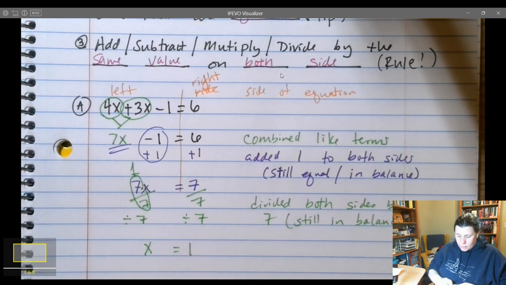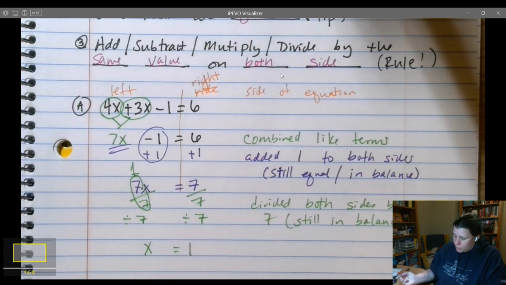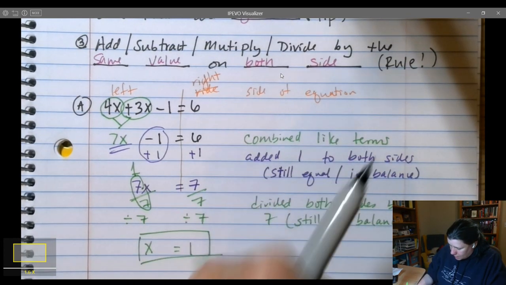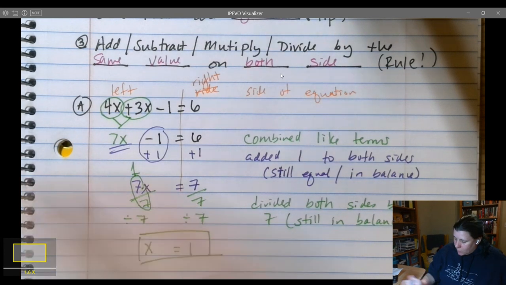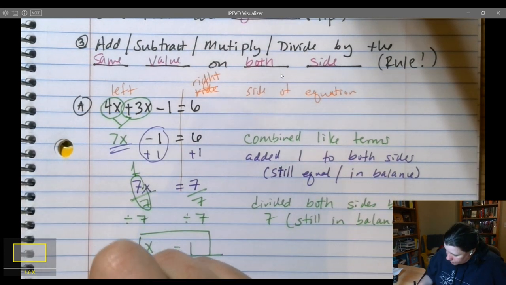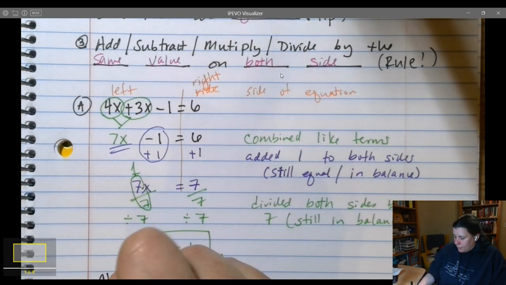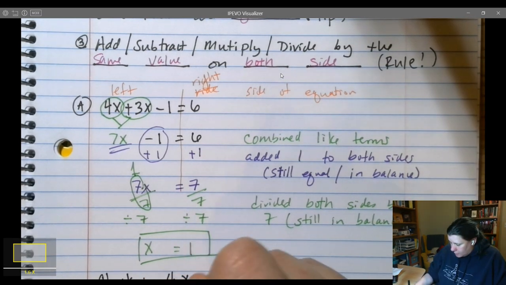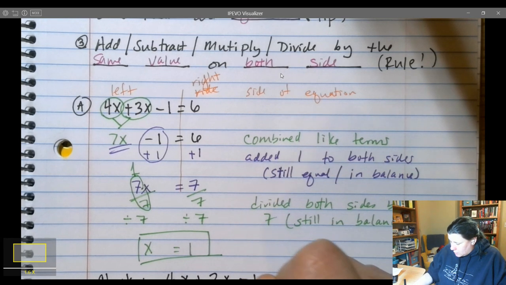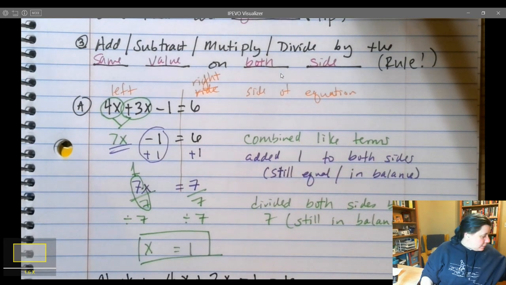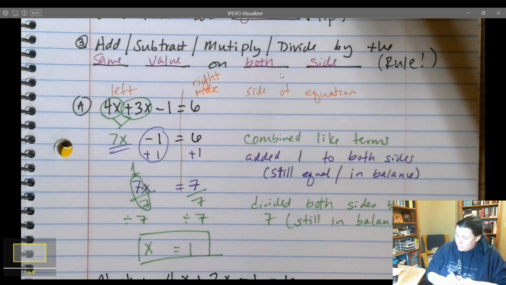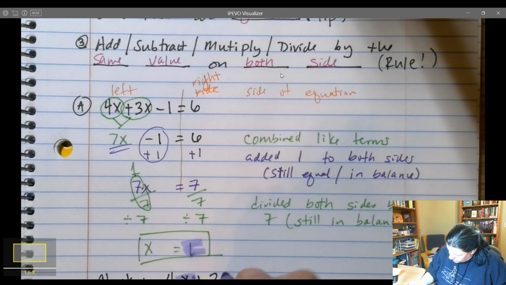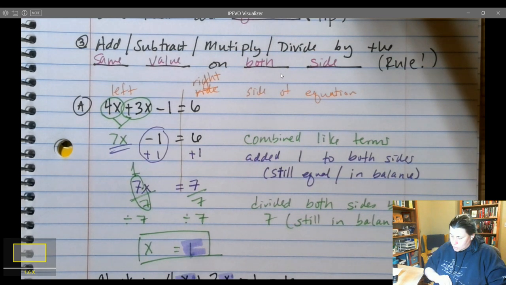And then the last thing you want to do is check if x really does equal 1. This is my answer. If I put that value in, in every place I see x in 4x plus 3x minus 1 equals 6, it should be a true equation.